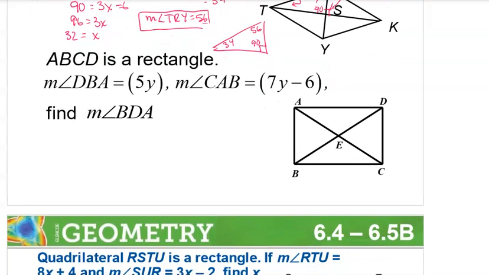Next one, you try this one and see if you can get this figured out. So go and label it, look at what you've got, pause the video, and then come back with your answer. So because this is a rectangle, I'm going to go ahead and label everything I know about this. I know opposite sides are congruent. I know that this angle is congruent to this angle right there.